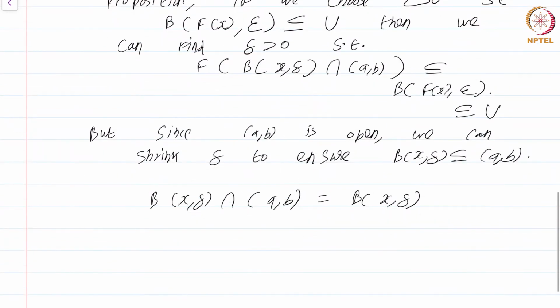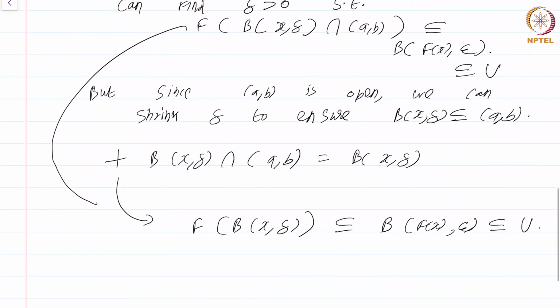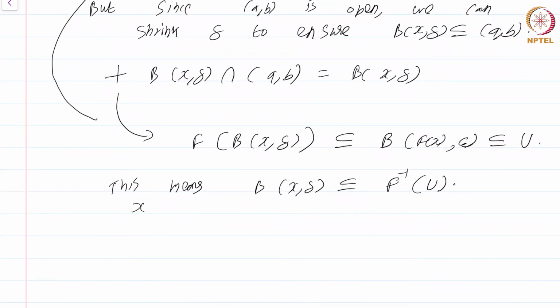Now, immediately this plus this gives f(B(x, delta)) is contained in B(f(x), epsilon) is contained in U. Right? But this means B(x, delta) is a subset of f inverse U. In other words, x is an interior point. Hence, x is an interior point of f inverse U. And we are done.